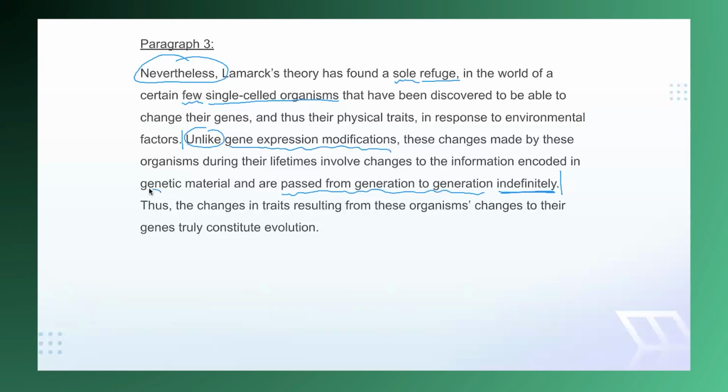Let's read on. Thus, ending the paragraph with a strong conclusion transition word. This is going to be important. All right. Thus, the changes in traits resulting from these organisms, the single-celled organisms from before, changes to their genes truly constitute evolution. Bam.